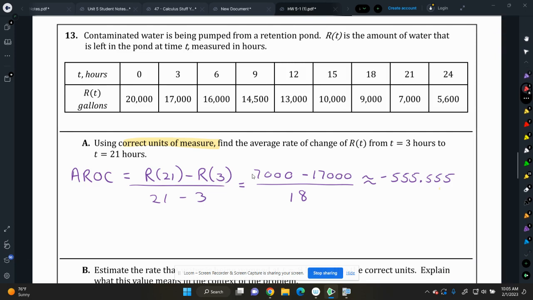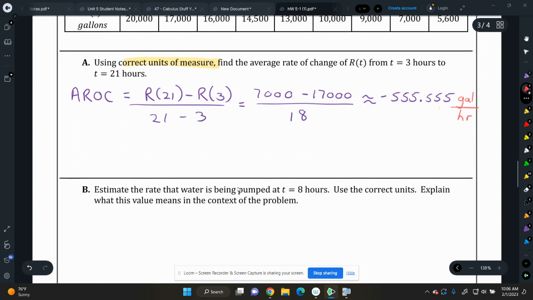So on the top is R of t. R of t is gallons. And on the bottom is t. t is hours. So this is gallons per hour. You should always get these questions right, because this is algebra. You should be getting this part correct.